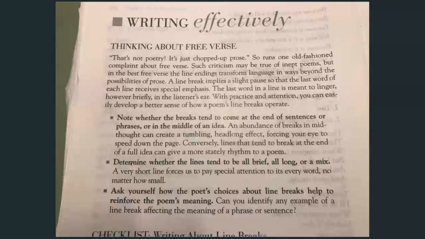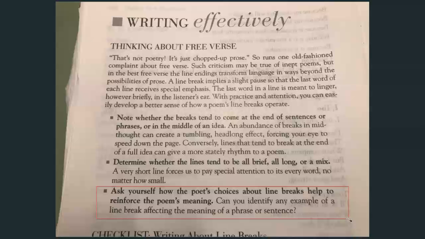think about whether all the lines tend to be brief, or are they all long, or is there a mix of things, and why is there a mix of things? And this is the most important one right here, I think, because it gets to the meaning of the poem, which is your whole reason for writing the explication. You're trying to argue a point about the meaning of the poem.